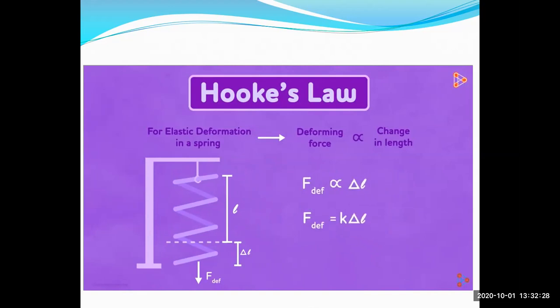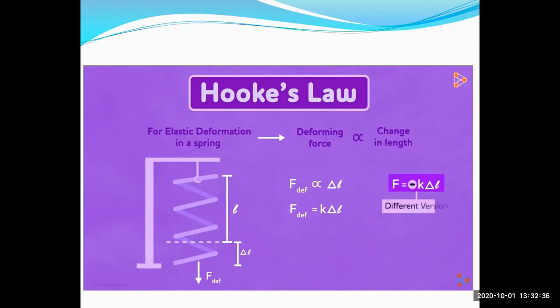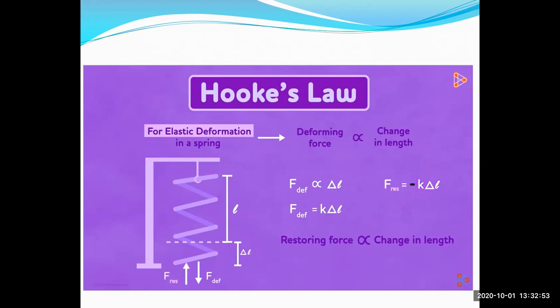In some textbooks, you must have noticed the presence of a negative sign on the right side of this equation. The negative sign comes due to the slightly different version of Hooke's law being followed. We can also define Hooke's law as the restoring force is directly proportional to change in length, and this, of course, is valid for elastic deformation only. The force taken here is the restoring force and not deforming force.